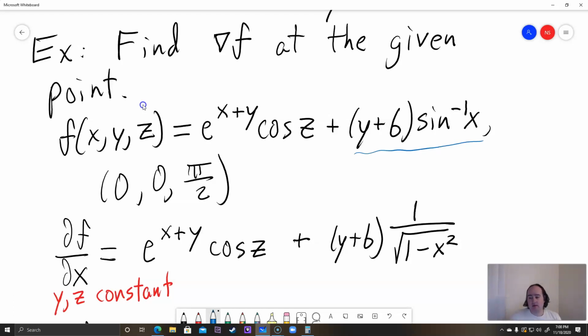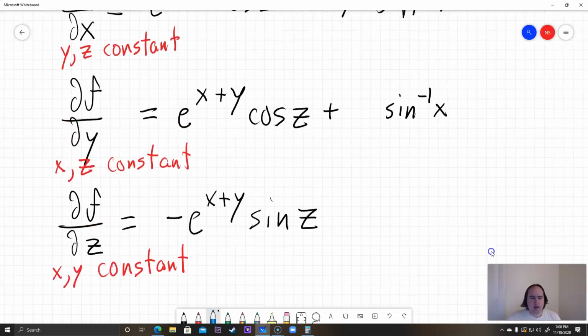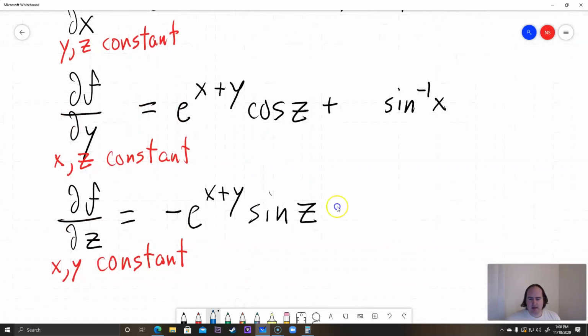And what's the derivative of a constant? 0. So for partial f, partial z, we have this whole thing plus 0. But obviously we don't have to write plus 0, so we just erase that. And so our partial f, partial z is negative e to the x plus y times sine of z.